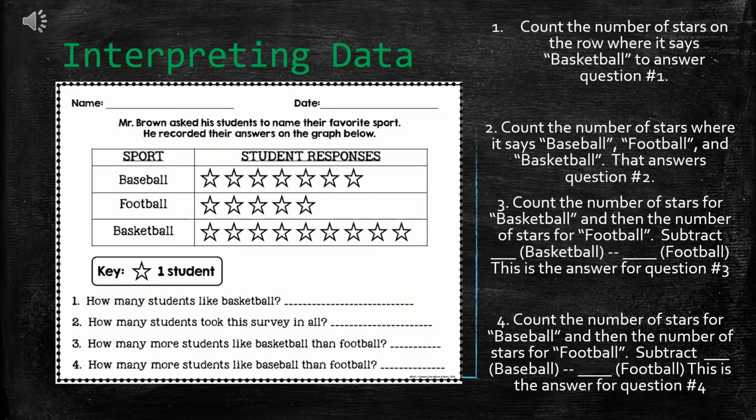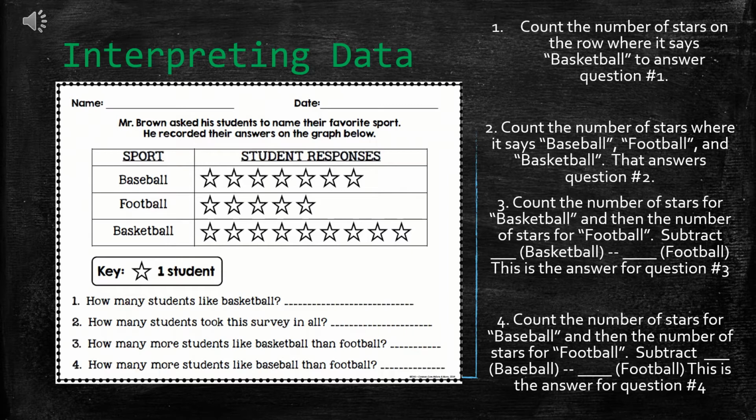Number 3, how many more students like basketball than football? Well, this question tells me there's going to be more students that like basketball than like football. So I'm going to go back and count the number of stars for basketball. 1, 2, 3, 4, 5, 6, 7, 8, 9.